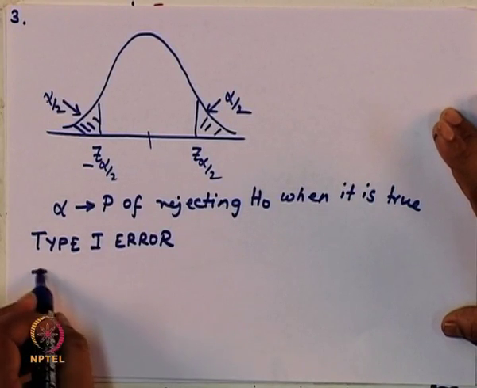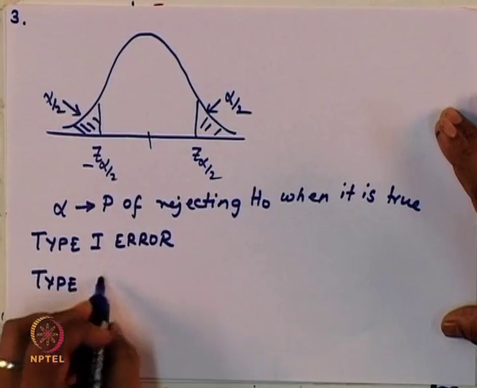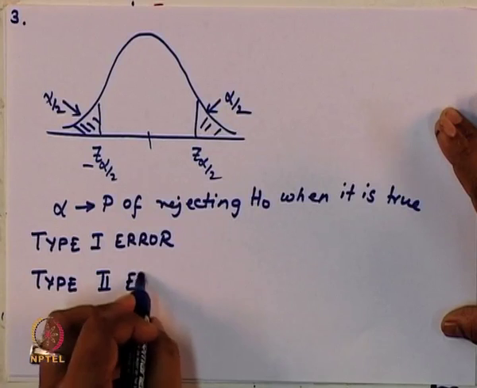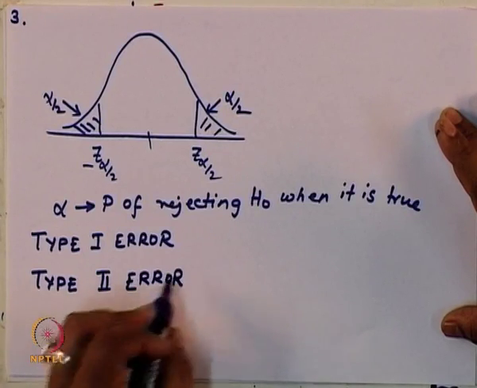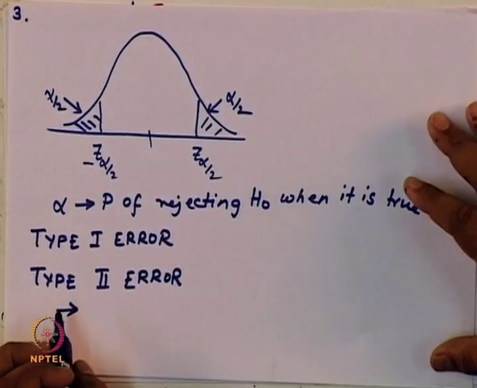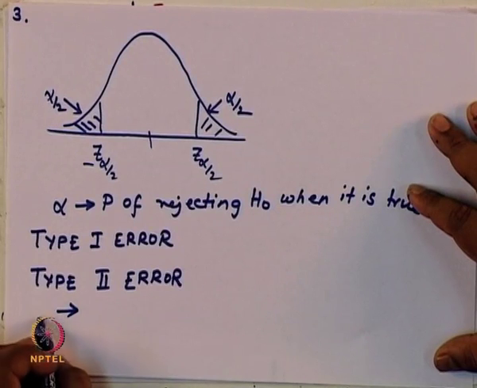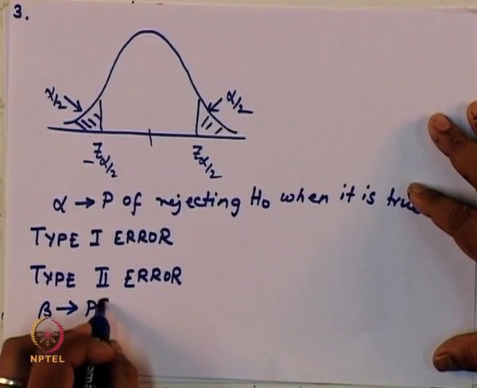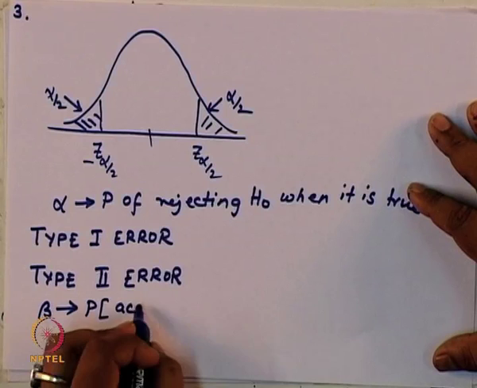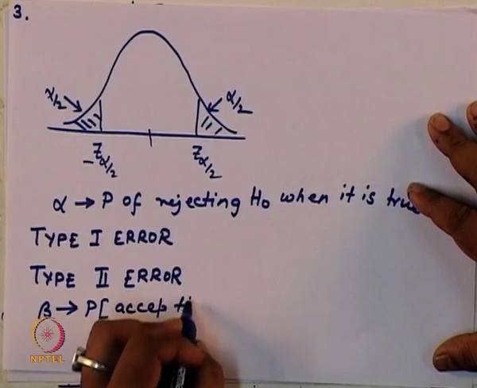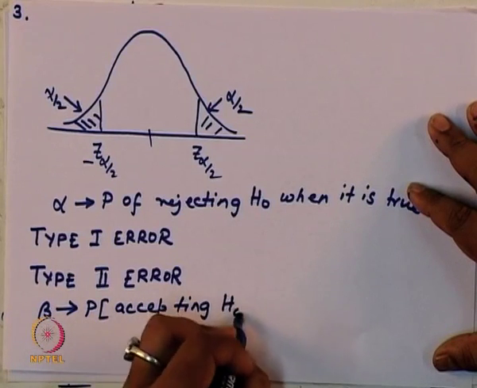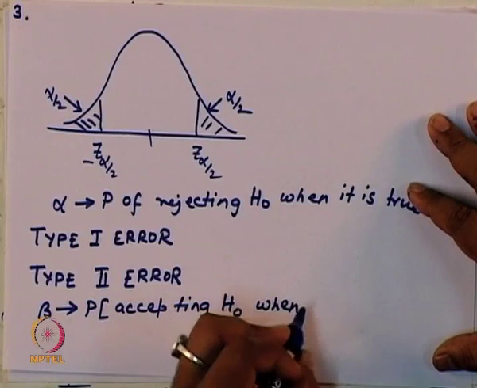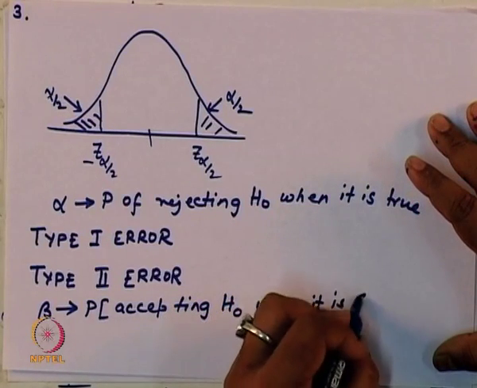But there is an alternate possibility called a type 2 error. And beta is the probability of accepting H naught when it is false.